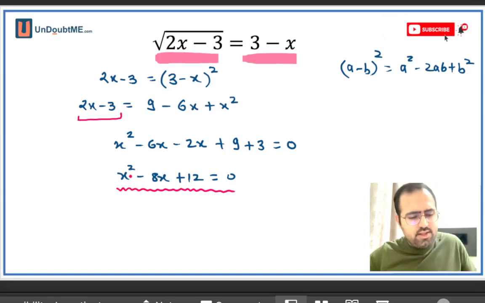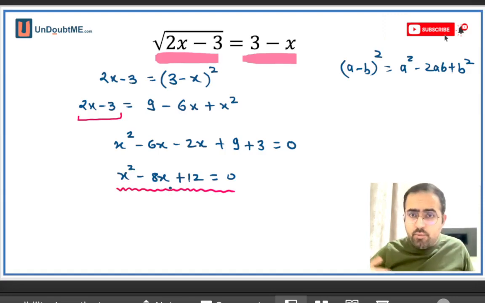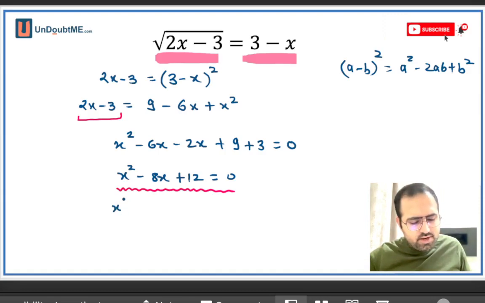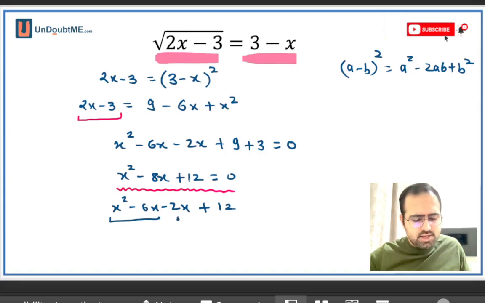So after that we can just factorize it. The factors which on product give me 12 and on addition give me 8 will be 6 and 2. I'll just write it down as x square minus 6x minus 2x plus 12, and then I'll rearrange the terms and take something common if there is any.